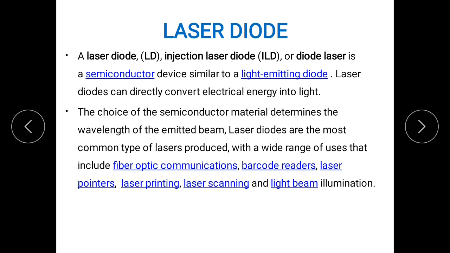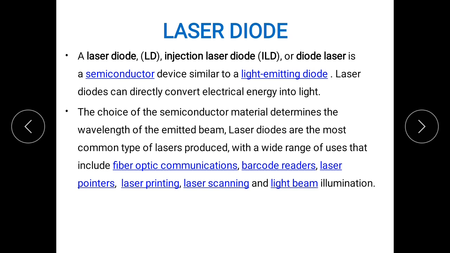We know that when we compare conventional wires with fiber optic communication, fiber optic communication has a wide range and the communication is very fast. And for the communication in optical fiber, these lasers are used.